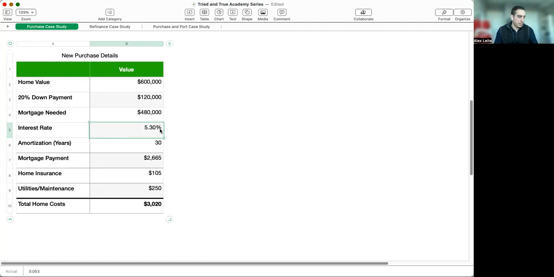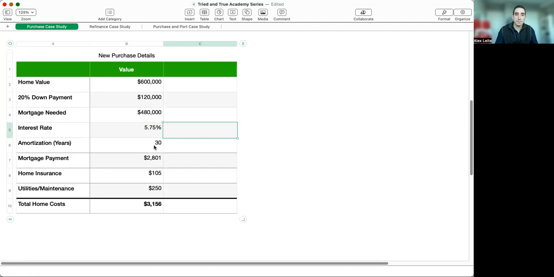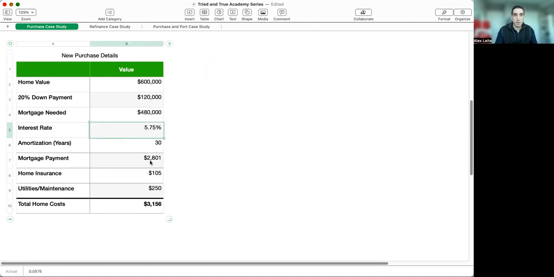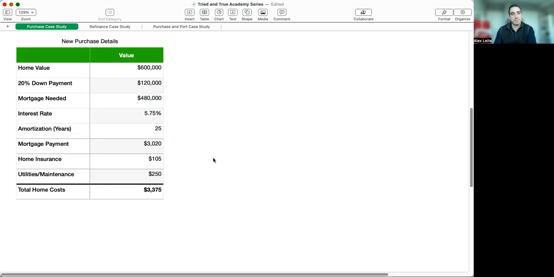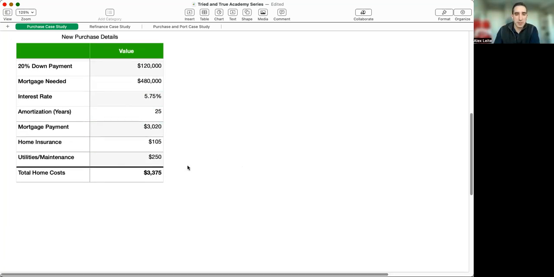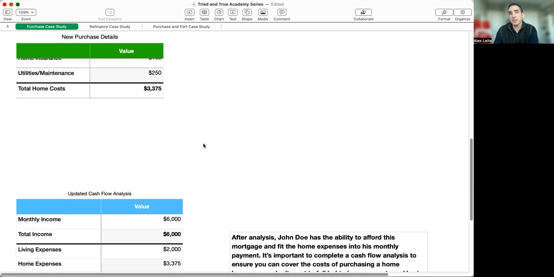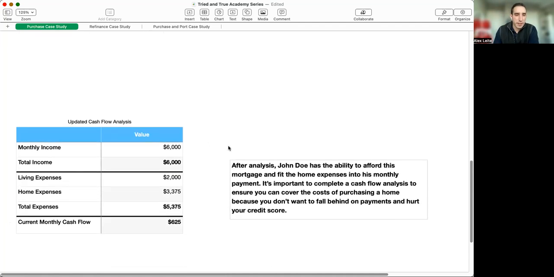So let's just quickly change this back to our 5.75 scenario, and go 25-year amortization. We're at 3,300. So where does this leave us with the updated cash flows?